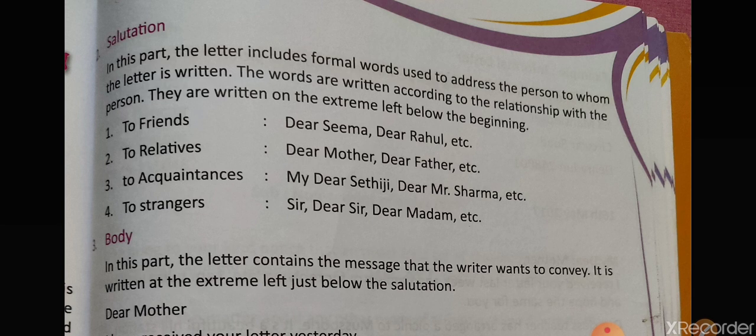So basically, for an informal letter, the one who is writing will write their own address at the top, then greet and write the salutation to the person. Third is the body, in which we write the matter and purpose of our letter, and at last we end the letter with our closing words.